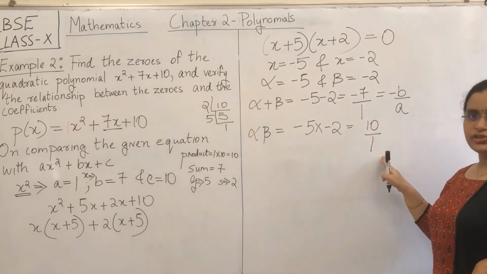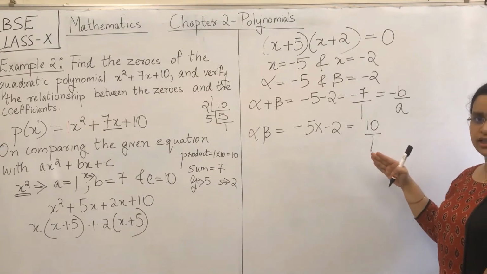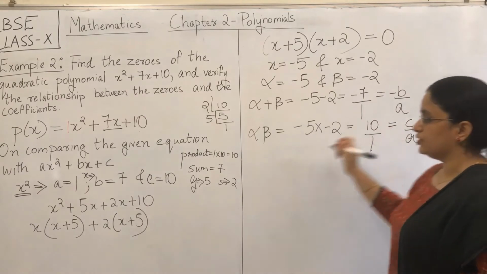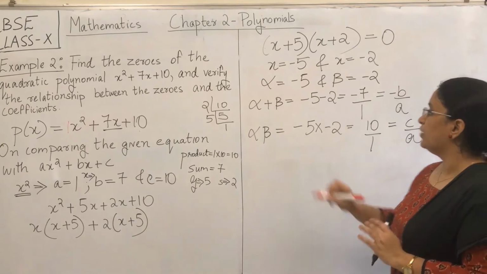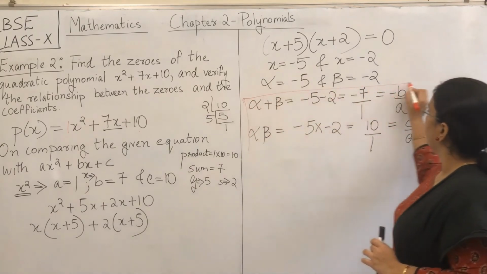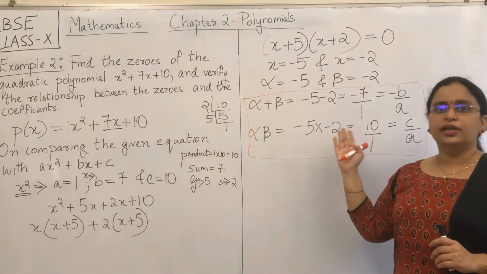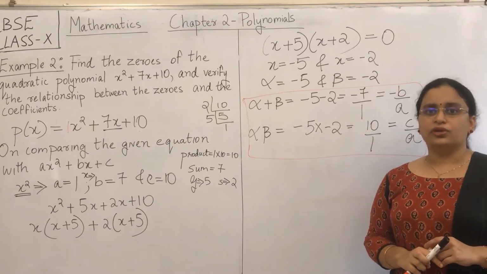Here we are just writing 1 because there is no denominator, which is equal to c by a. C is 10 and a is 1. So we have found the zeros and stated the relationship between the zeros and the coefficients.